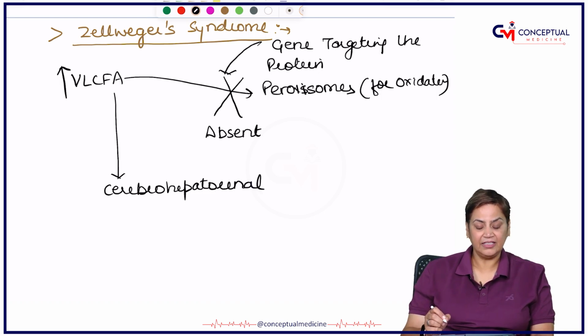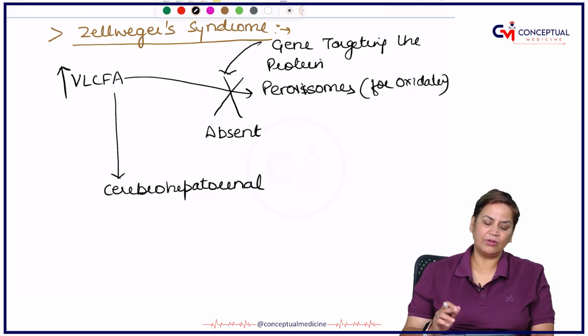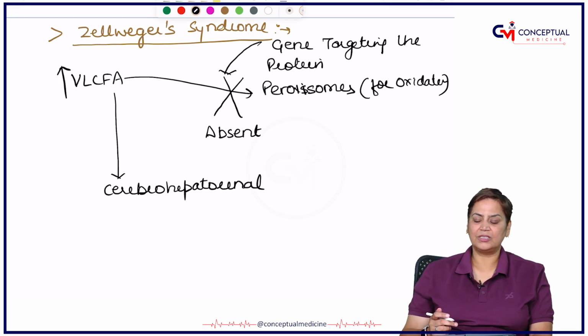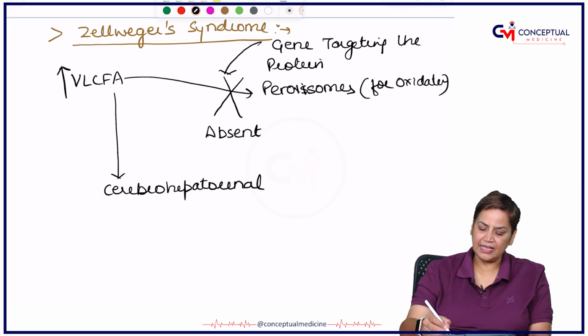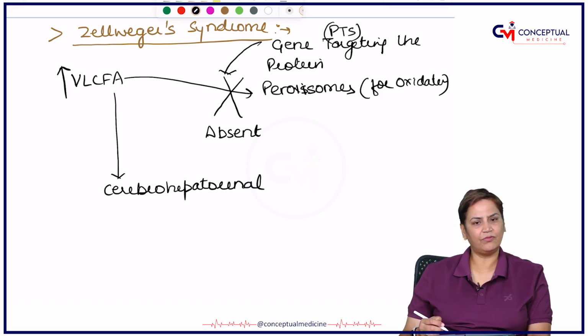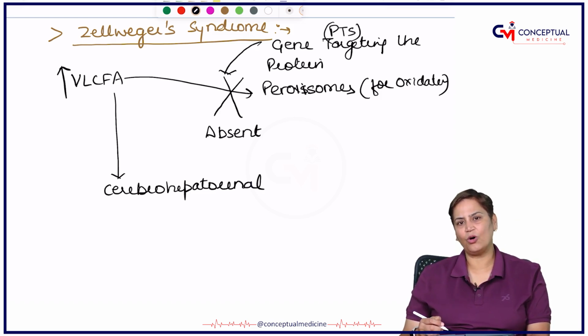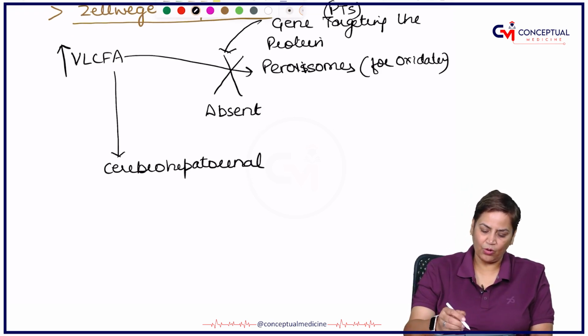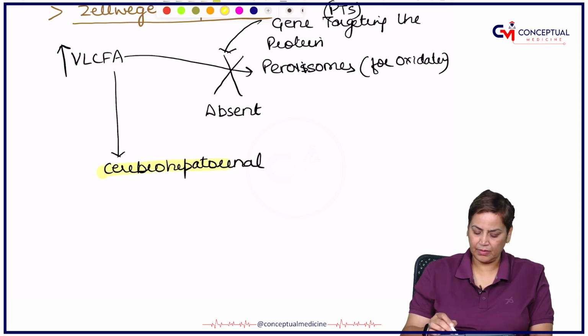That is why Zellweger syndrome is also known as cerebrohepatorenal syndrome. It occurs because the gene targeting PTS, the protein required for its transport for the oxidation, is faulty. That is why we call it a cerebrohepatorenal syndrome.